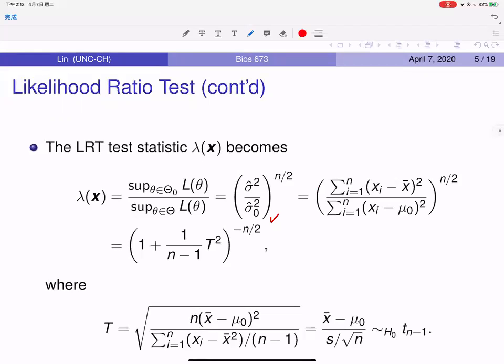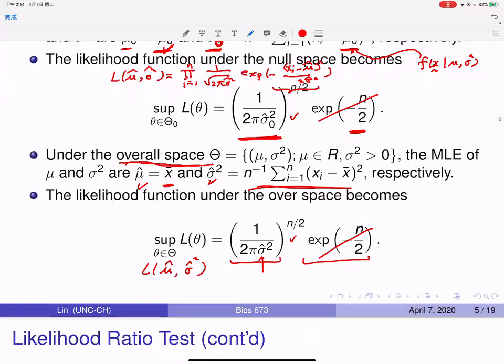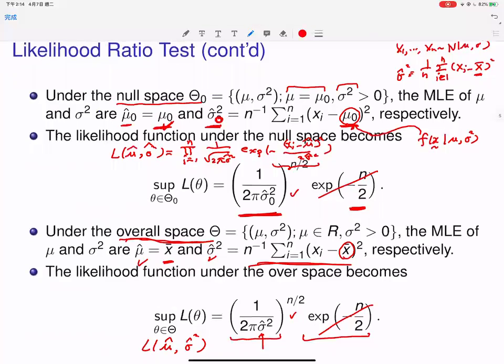And then since you have that sigma square, this guy plugging in x bar, and sigma hat 0 square, this guy plugging in mu 0. Okay, you can go back to see what you have right here, right? One is plugging in mu 0, one is plugging in x bar. Okay, good.